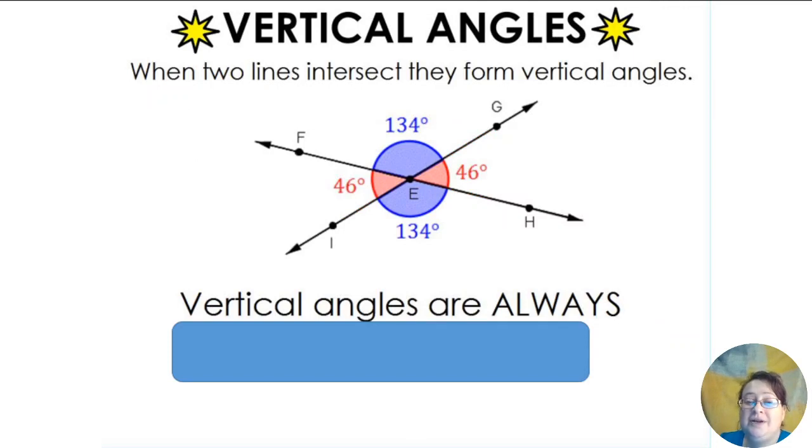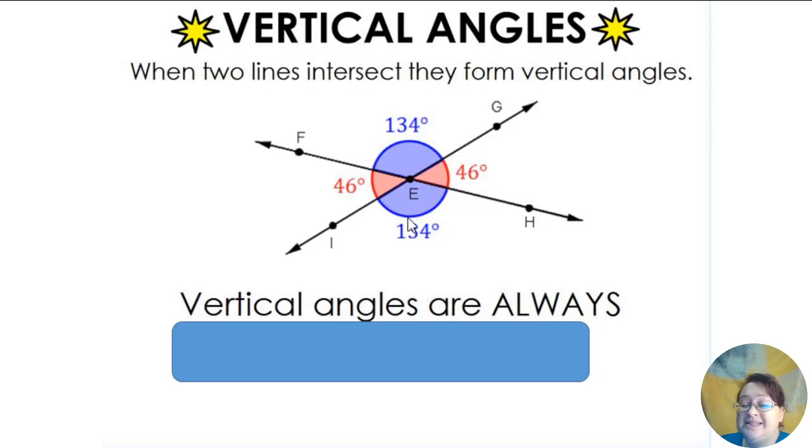The next type we need to talk about is vertical angles. A vertical angle happens when two lines intersect. They form vertical angles. Vertical angles are not side by side, but they are across from each other, so they're opposite sides. Here we've got angle FEG, and angle FEG is opposite angle IEH, and you notice both of these measure 134 degrees.